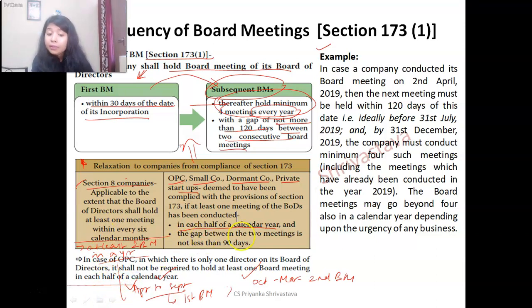And the gap between these 2 board meetings shall not be less than 90 days. So here it was, it shall not be more than 120 days, and here it shall not be less than 90 days. So the gap between 2 board meetings should be at least 90 days. So at least a 3 month difference between the 2 board meetings is required.